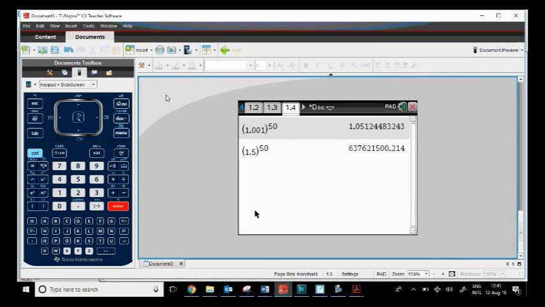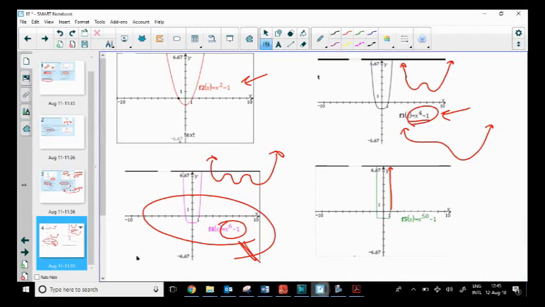Oh, okay, there we go. So it does grow very, very fast. That's why it looks like it's going up essentially vertically, because it's rising much faster than, say, this first example was.